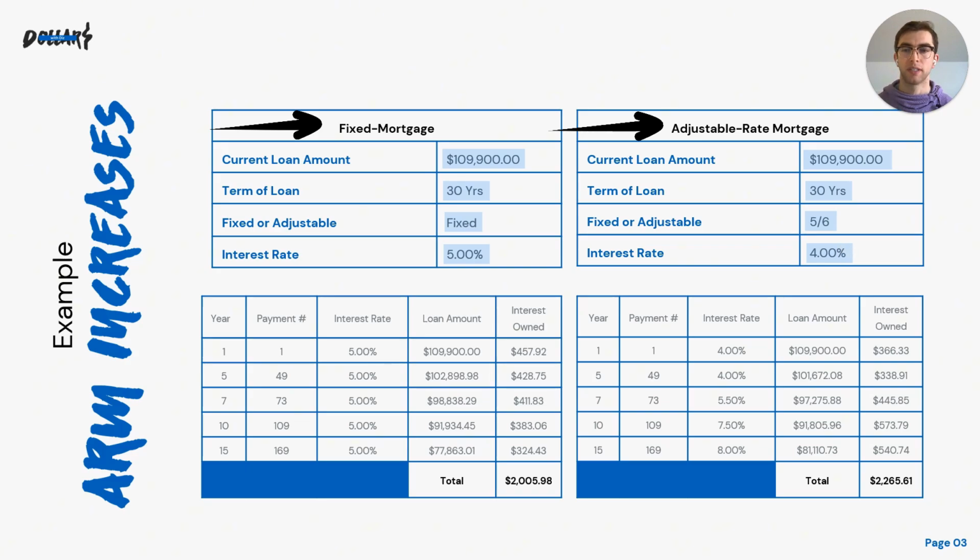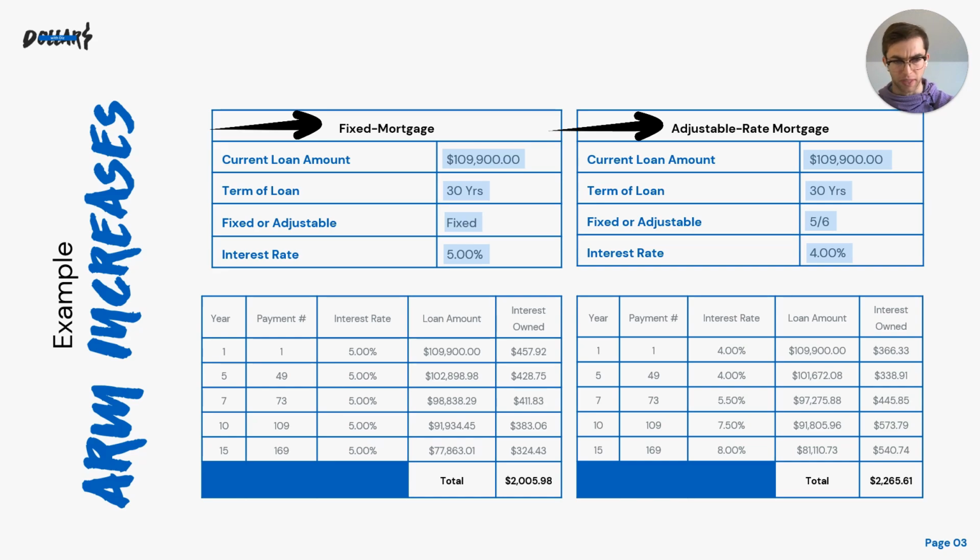So in this example, you're going to see what it's like if the adjustable rate mortgage actually increases versus our fixed rate mortgage. In these tables below, on the table on the left, you can see the year, our number of payments based on our 360 payments of 30 years, our rate, our balanced principal amount, and then how much interest we're actually going to pay based on our fixed rate and the loan balance shown there.